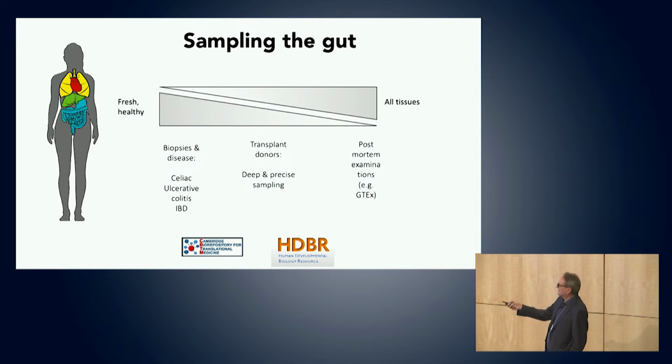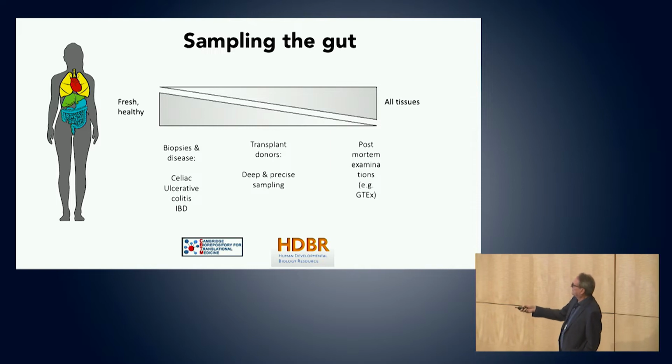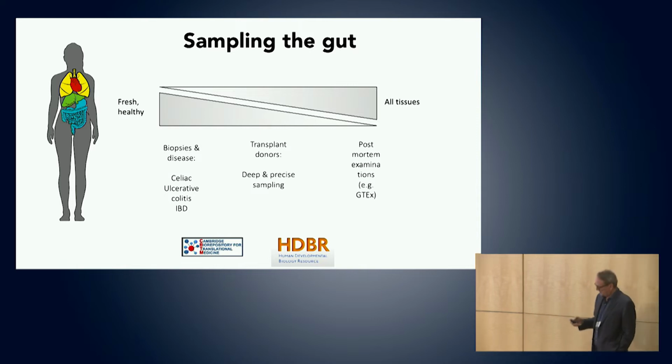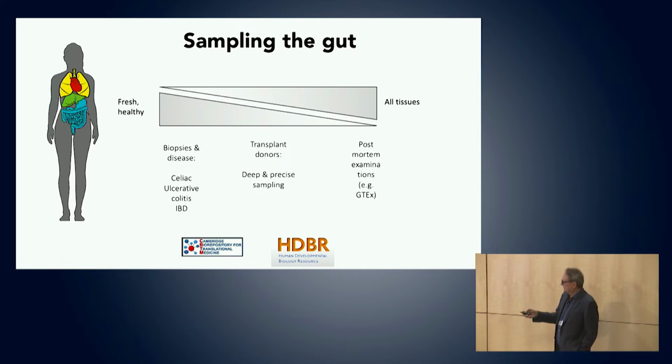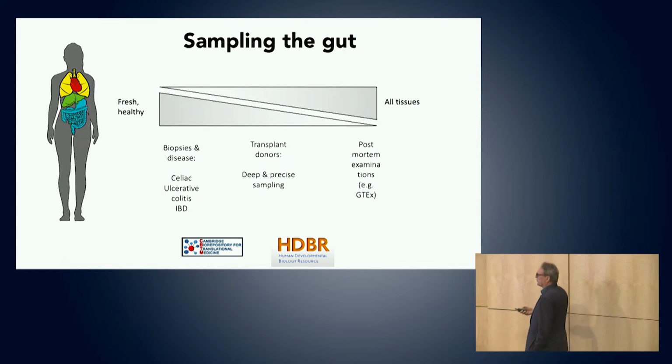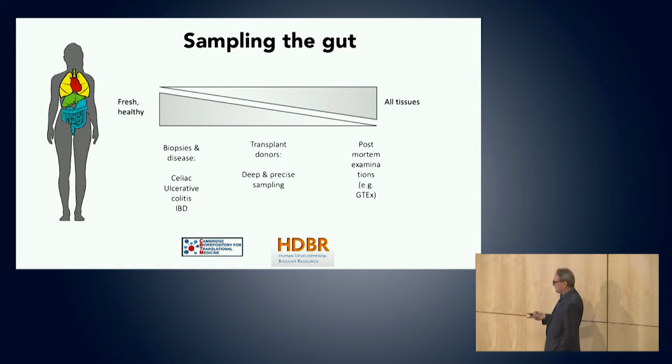So basically going from biopsies and disease, transplantation donors, and post-mortem, and the focus will be on celiac, ulcerative colitis, and IBD. And the material here and the tissue comes from the Cambridge biorepository that was already mentioned.